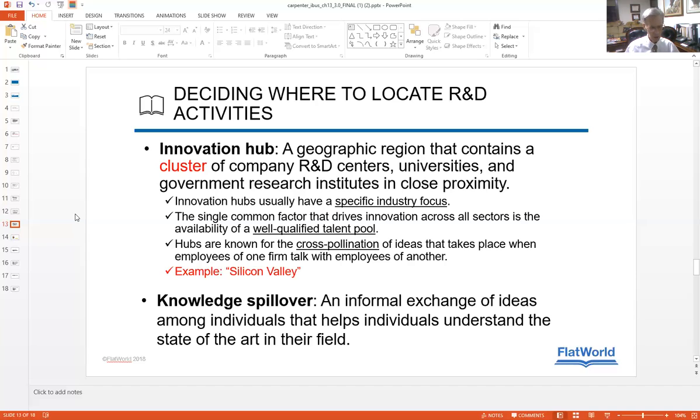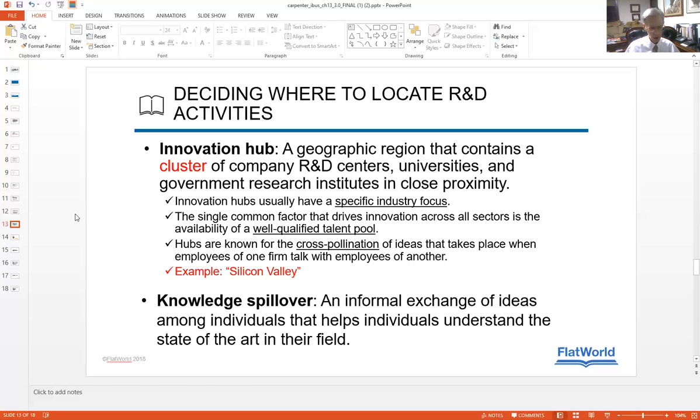A good example, of course, is Silicon Valley, where we have so many resources in the same location. Universities, engineering firms, lots of talented people, and so forth. And so this cross-pollination creates what is often referred to as knowledge spillover.